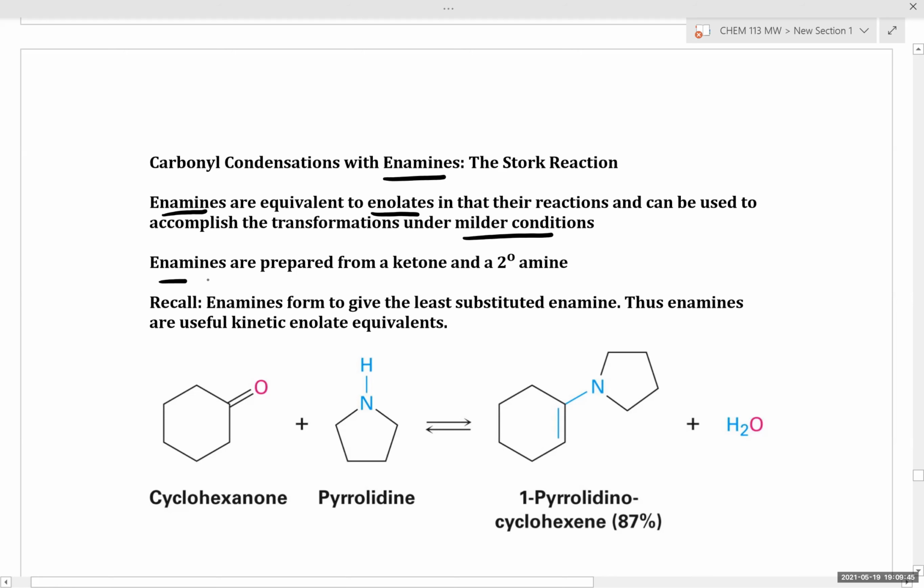As a refresher, enamines can be prepared from a ketone and a secondary amine, and enamines form to give the least substituted enamine, making an enamine a useful kinetic enolate equivalent.